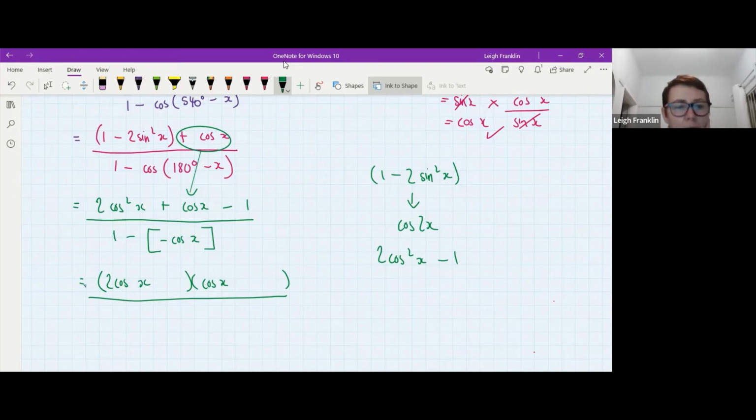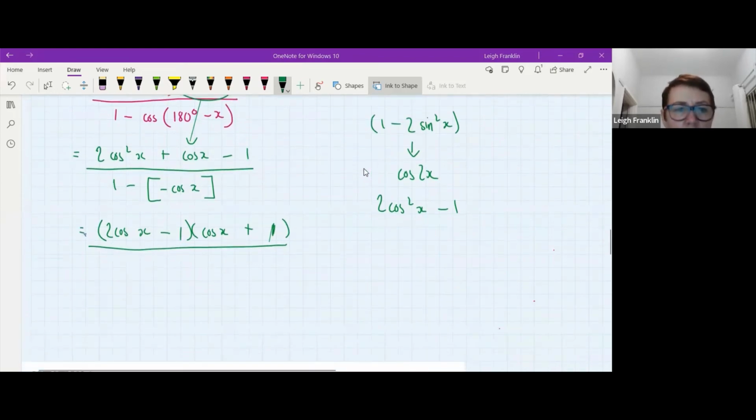Okay, then at the bottom, oh, sorry, we were factorizing the top. So we've got 2 cos x. Here it has to be 1 and 1. And if we want plus 1 in the middle, it would have to be plus here, and minus over there once we had factorized it. Thanks, Aisha, for noticing that. You are absolutely 100% correct.